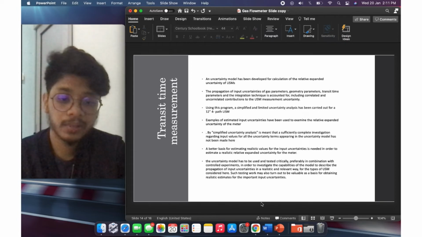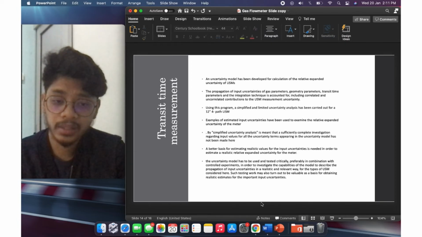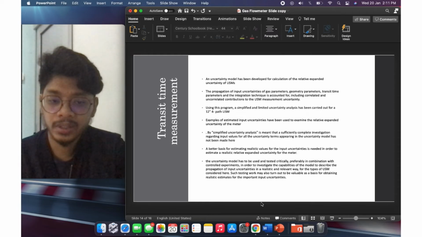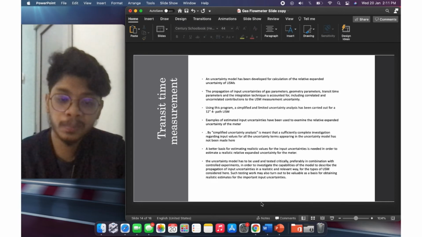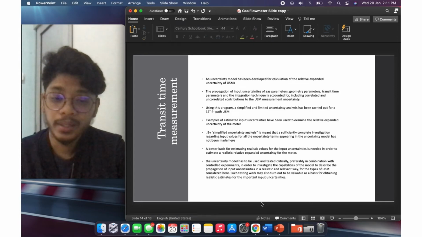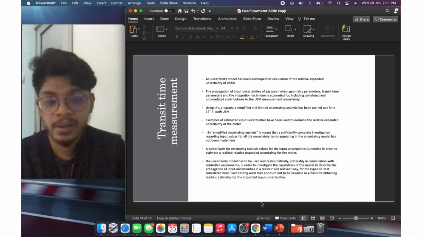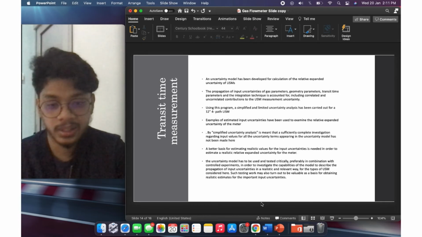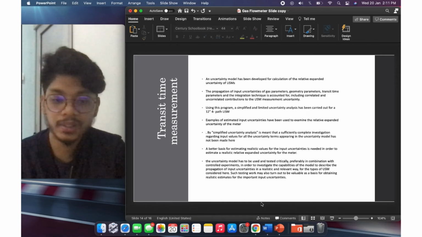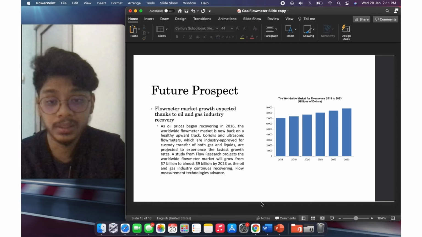The uncertainty model should be used and tested critically, preferably in combination with controlled experiments, in order to investigate the capabilities of the model to describe the propagation of input uncertainties in a realistic and relevant way for the types of USM considered here. Such testing work may also turn out to be valuable as a basis for obtaining realistic estimates for the important input uncertainties.